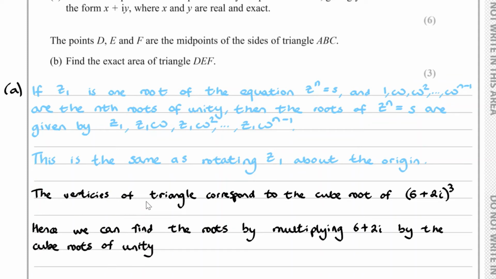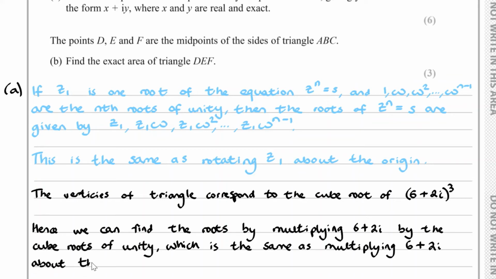And this is the same as rotating z1 about the origin, which is the same as rotating 6 plus 2i about the origin. These explanations I've given are something which is vital that you know.